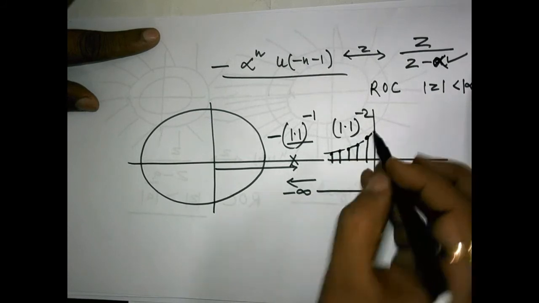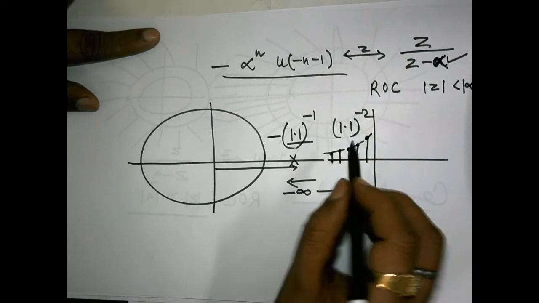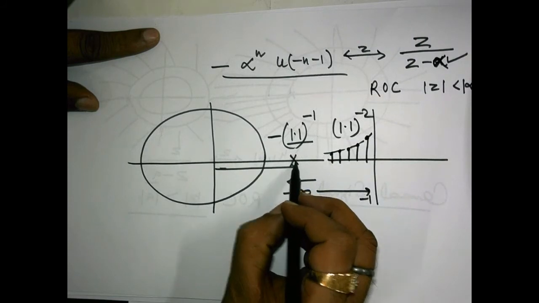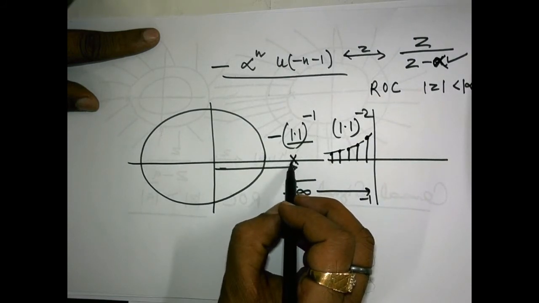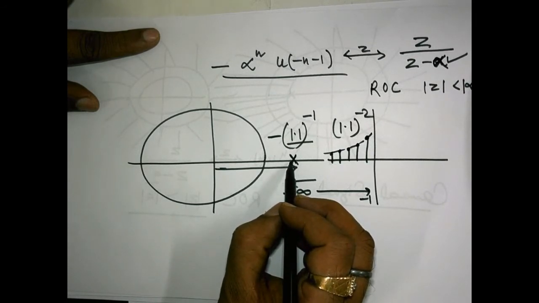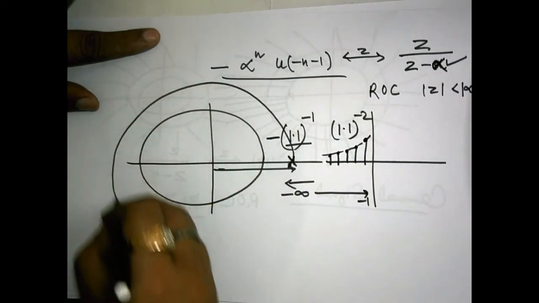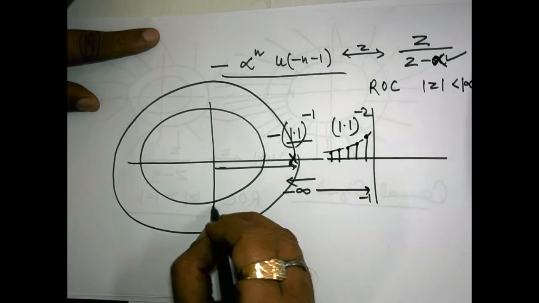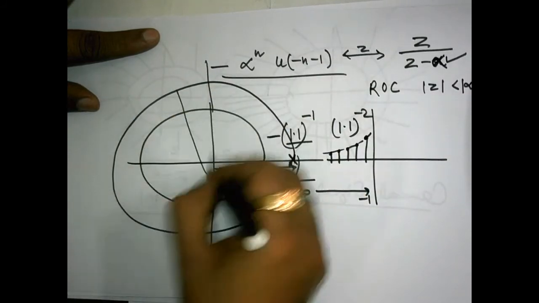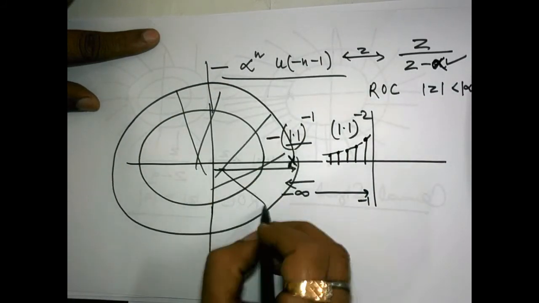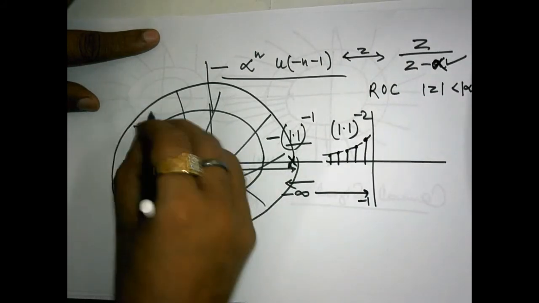So for an anti-causal signal you should have the pole, if it is a single and real pole, outside of the unit circle. And there that principle also holds, that the unit circle comes inside the region of convergence. Why? Because if we draw the region of convergence in case of an anti-causal signal, it is interior to this circle having radius alpha.